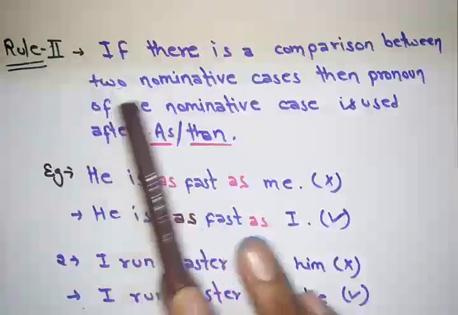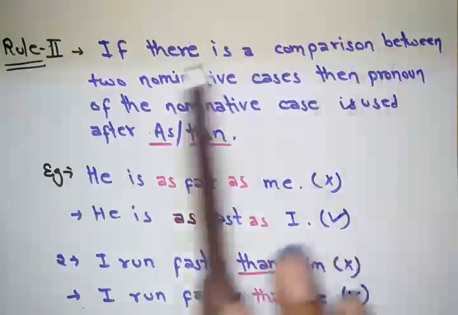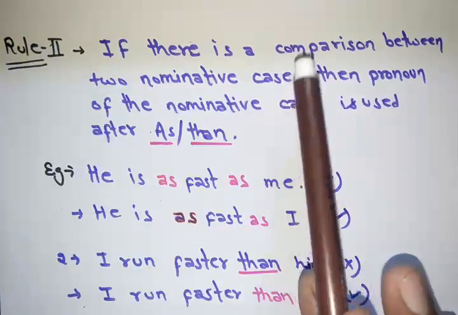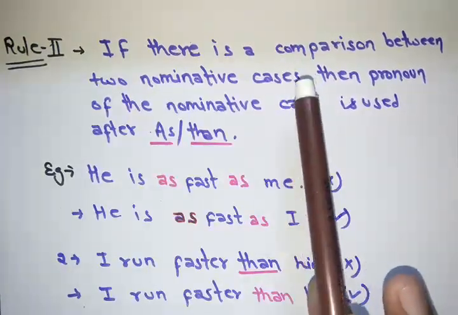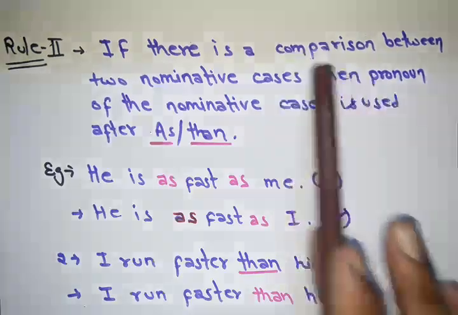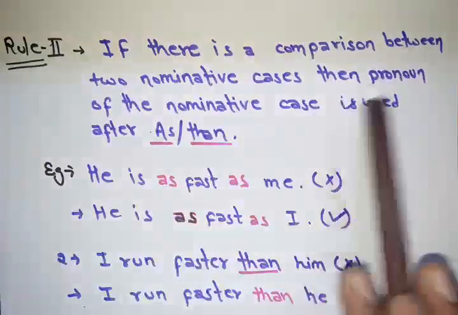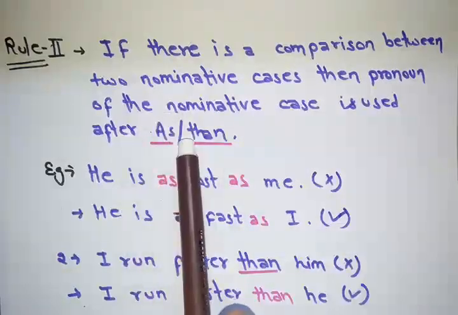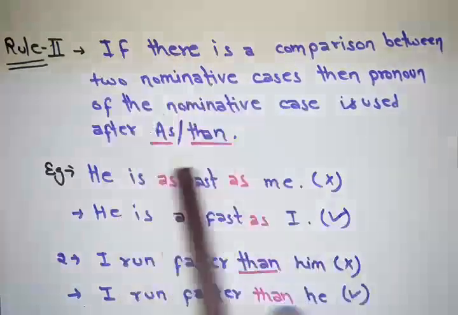Now rule number two: if there is a comparison between two nominative cases, then the pronoun of the nominative case, means I, she, they, we, he, it, you, is used after as and than.